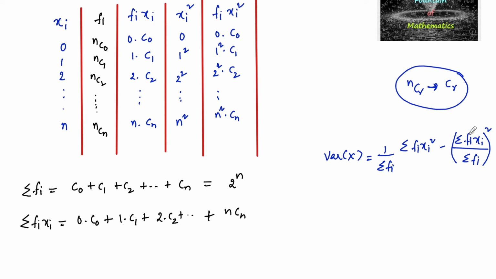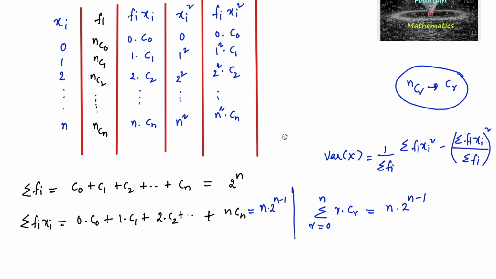From the properties of binomial coefficients, we can say summation of r from 0 to n of r into Cr, where Cr means nCr, is equal to n into 2 to the power of n minus 1. So summation of fi xi is n into 2 to the power of n minus 1.